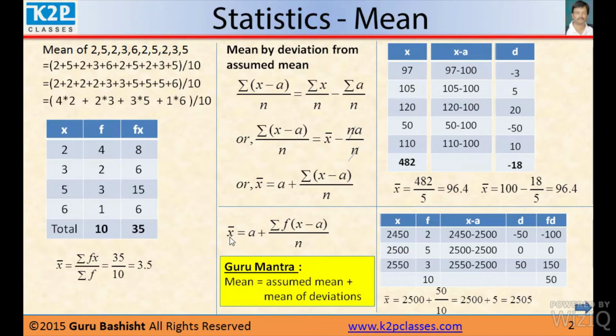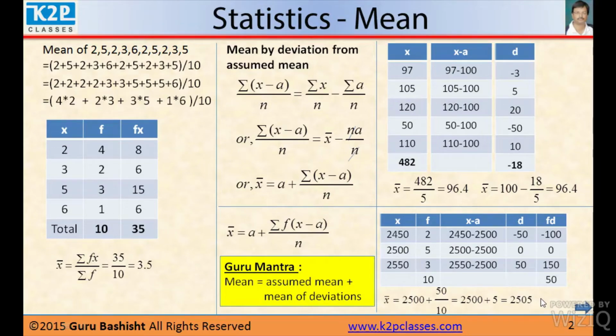From the formula, mean equals a, the assumed mean, plus the mean of deviations, which is sigma fd by n. So 2500 plus 5. So the actual mean is 2505.